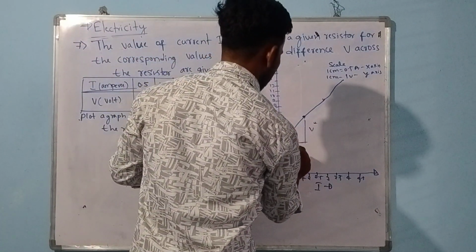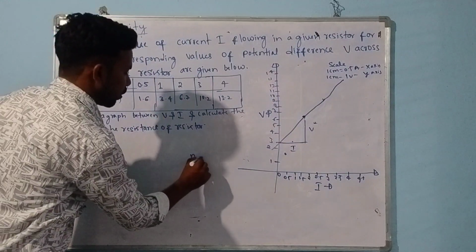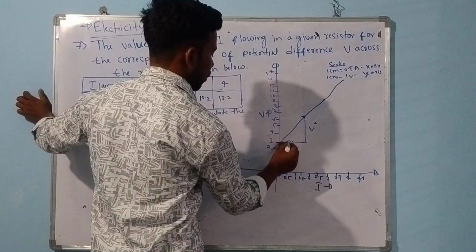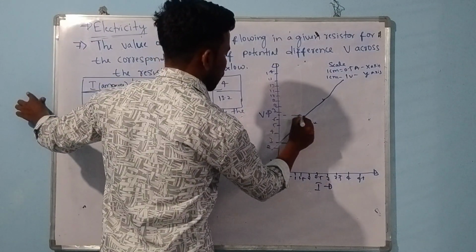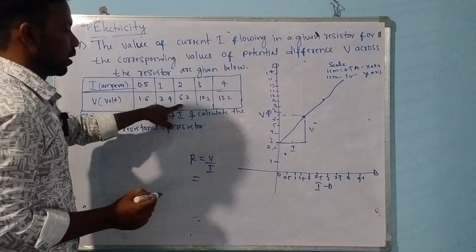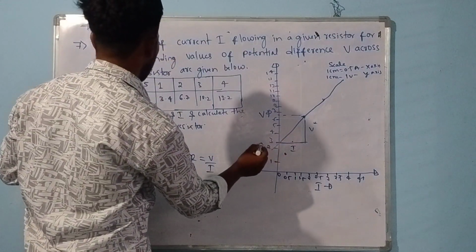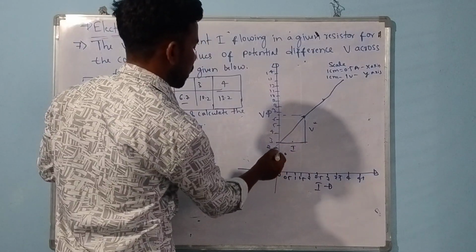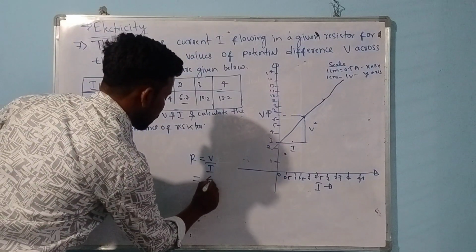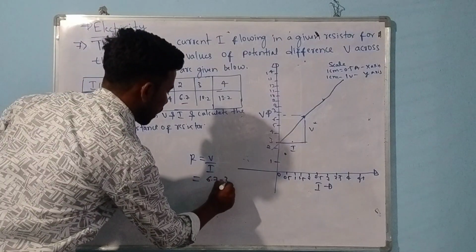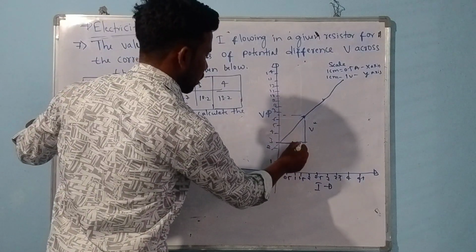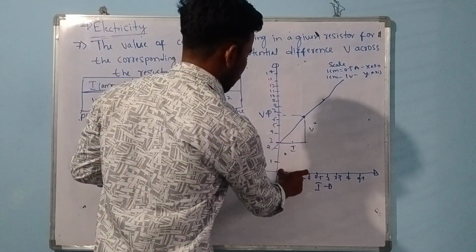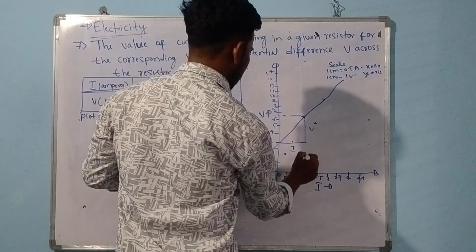So R is equal to V by I. V is this one. For these points, 6.7 minus 3, which point is there? 2.